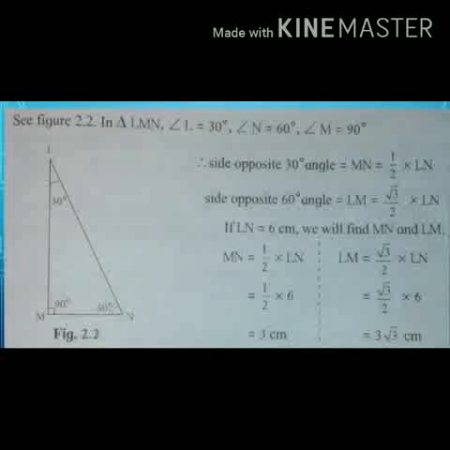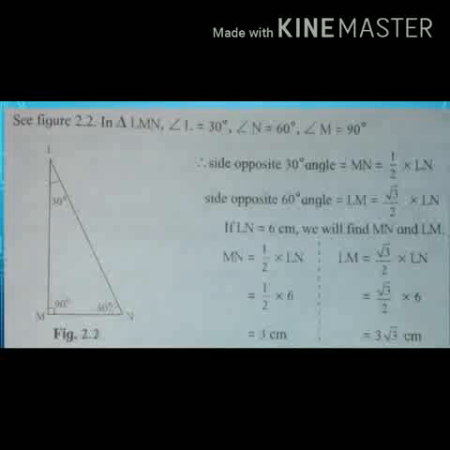At first we can find the value of side MN. Side MN is the side opposite to 30 degree and therefore we can write MN is equal to 1/2 into hypotenuse LN. Put the value of hypotenuse is 6 centimeter and therefore we can write MN is equal to 1/2 into 6, that is MN is equal to 3 centimeter.